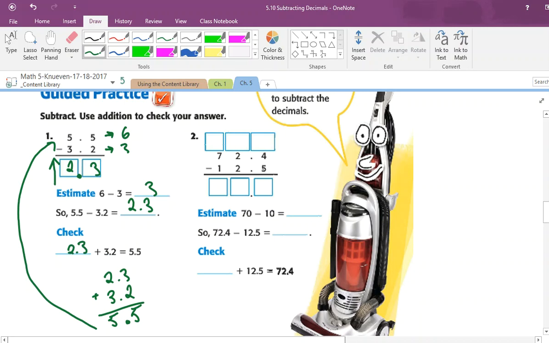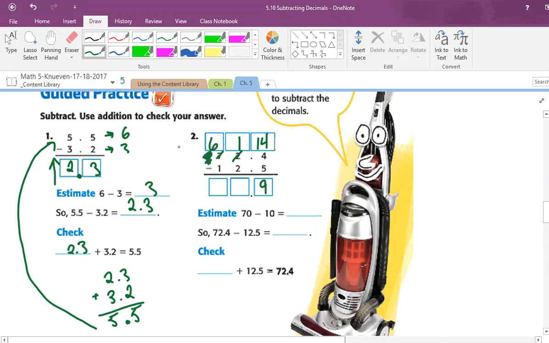All right, for number 2, I cannot take 5 from 4, so that means I have to borrow. So I'm going to borrow from the 2, that becomes a 1, and now this 4 becomes 14. 5 from 14 leaves me with 9. I cannot take 2 from 1, so I have to borrow from the 7, that becomes a 6.